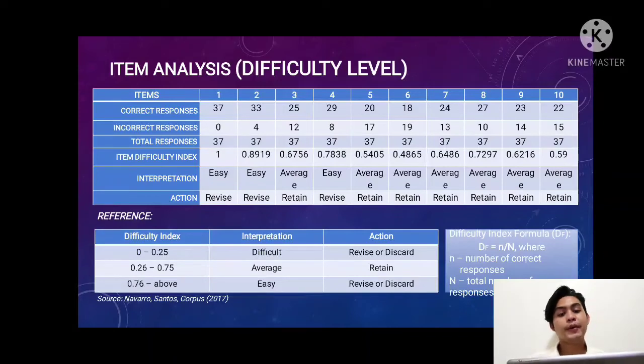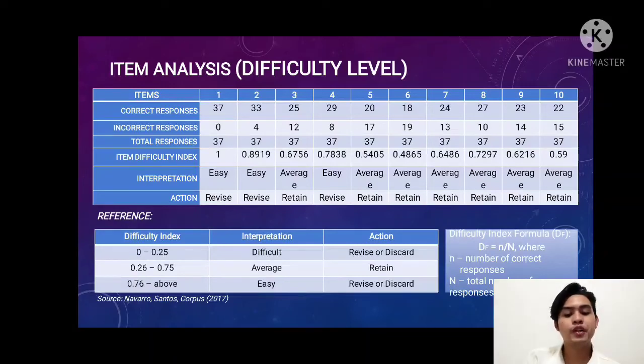Next is the interpretation. The interpretation is at the lower left side bottom. We can see the reference. A difficulty index result of 0 to 0.25 has an interpretation of difficult and an action of revise or discard.